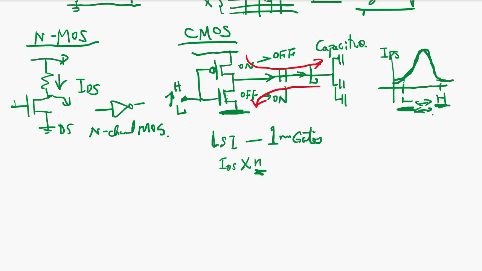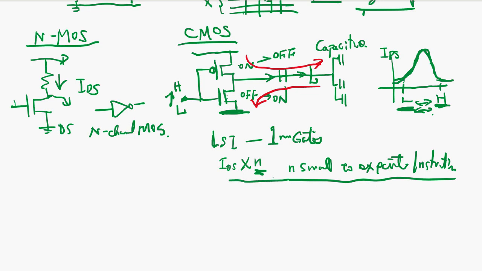That means n is very small to execute an instruction. So this is possible by design to create a low power CPU, and ARM is famous for that. Okay, so this is the advantage of CMOS.